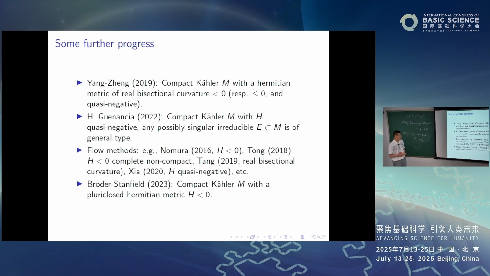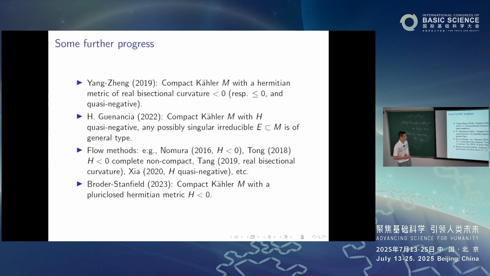There are also flow methods. Remember, we use the Monge-Ampère equation, so there are corresponding parabolic flow versions. Many people have done the parabolic version: Nomura, Bin Guo, Tong, Pounds, and many others. And more recently, Broder and Stanfield work on the non-compact case, with Hermitian metrics, but with the condition that dd-bar of omega is equal to zero.